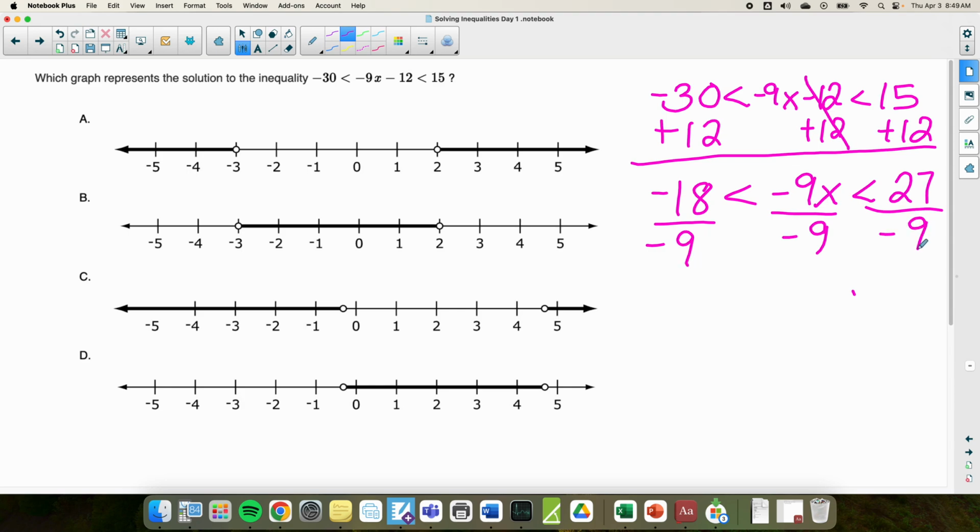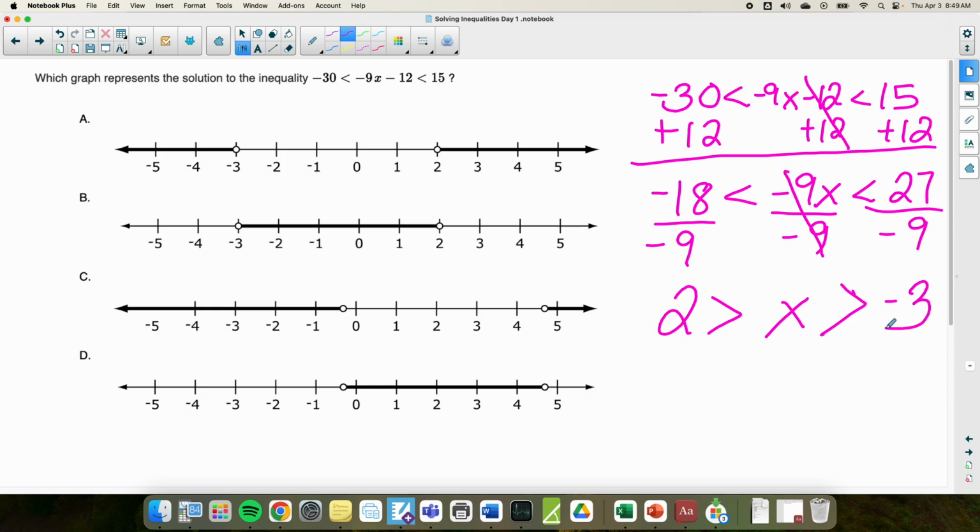Negative 18 divided by a negative 9 is 2, okay? This cancels and I have x, oh, I have to switch the sign again. So this is greater than, because I'm dividing by a negative 9, this is greater than. 27 divided by a negative 9 is negative 3.